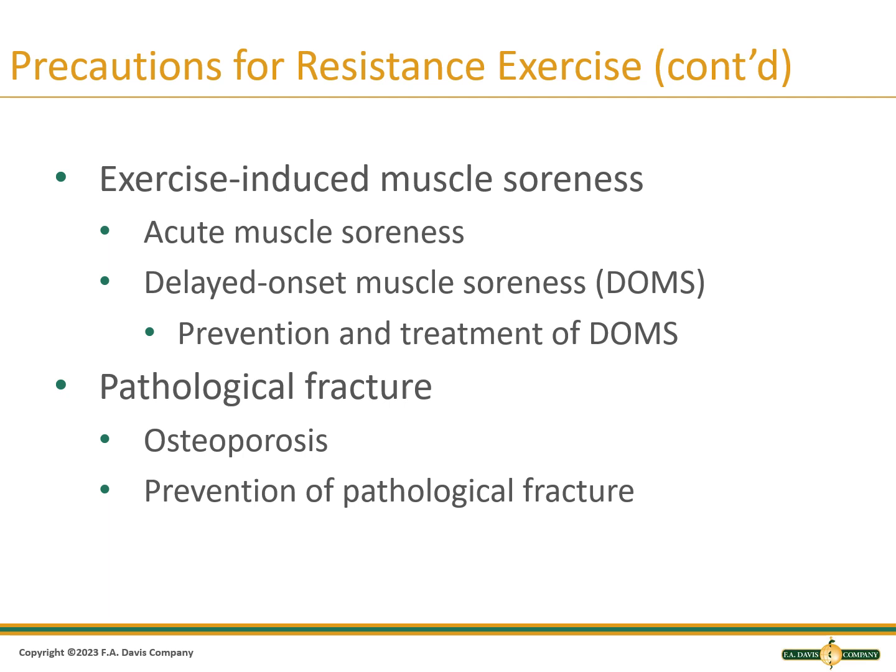And we also need to pay attention for pathological fractures that can occur as a result of resistance training. So patients at risk for this are going to be patients with osteoporosis, where we have decreased bone density, and we need to ensure that we do not apply excessive amounts of resistance that result in pathological fracture.